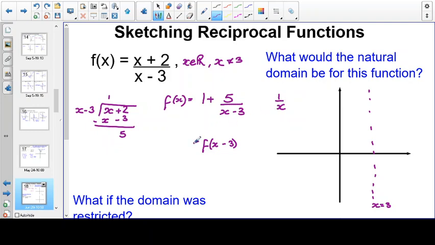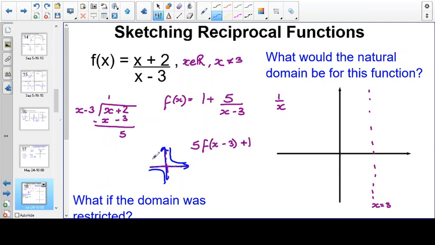It's been stretched 5 times, and then it's added 1 to it. Okay, so if you think about 1 over x, it looks like that, with asymptotes here and here. So this is going to move it right by 3.